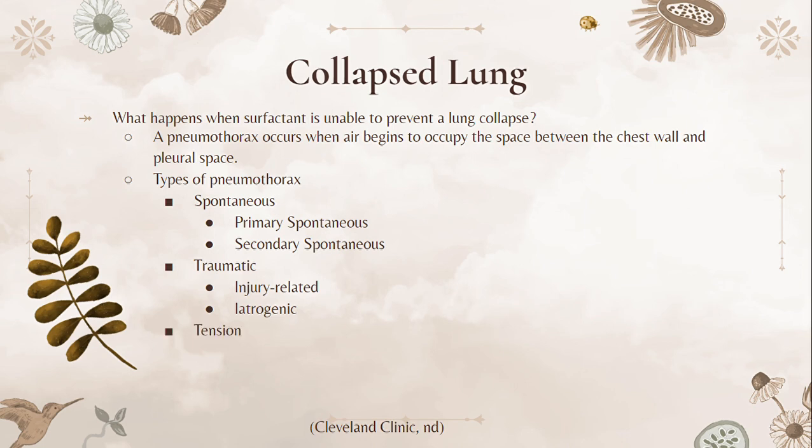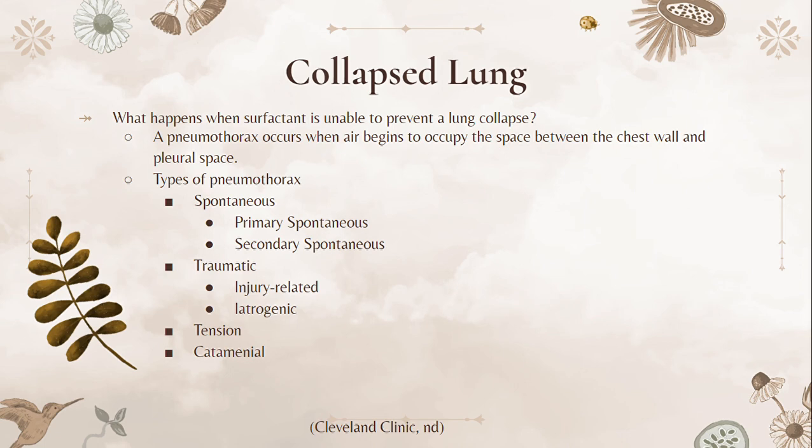There is also something called a tension pneumothorax, and this happens when air is unable to escape. This is an emergency that requires immediate treatment. There's also something called a catamenial pneumothorax, and this is probably the most interesting of them. A catamenial pneumothorax is caused when a woman has endometriosis. Now, endometriosis is a condition, and I'm speaking from knowledge. Sorry, I forgot to get you a citation, but it's from knowledge, unfortunately.